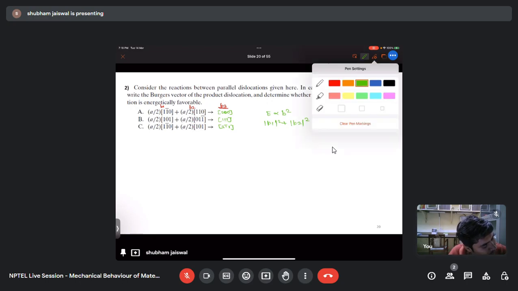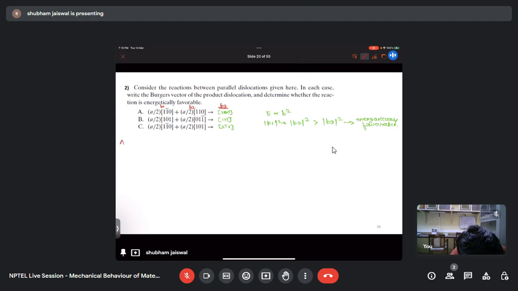So first we will take A. In A, b1 is a by 2, 1, 1 bar, 0, and b1 square is a square by 2.